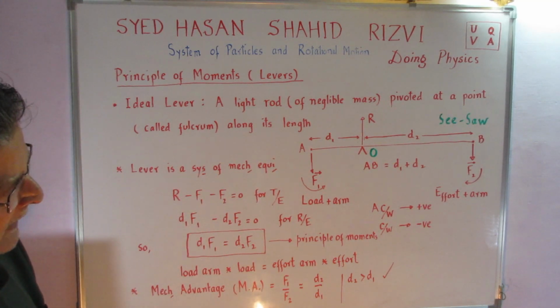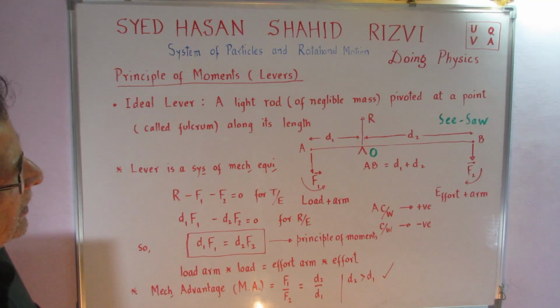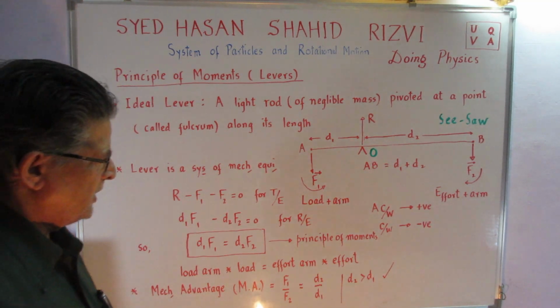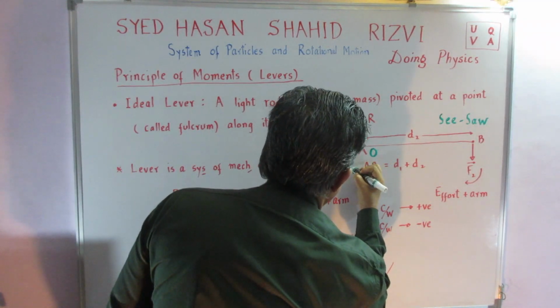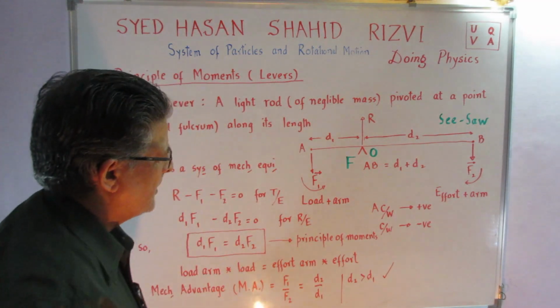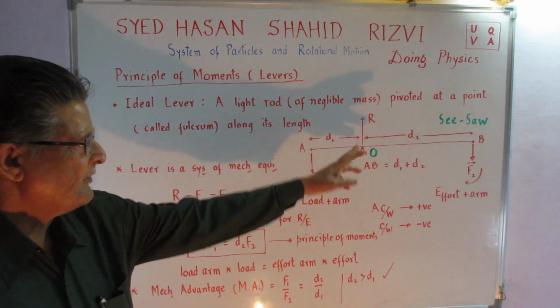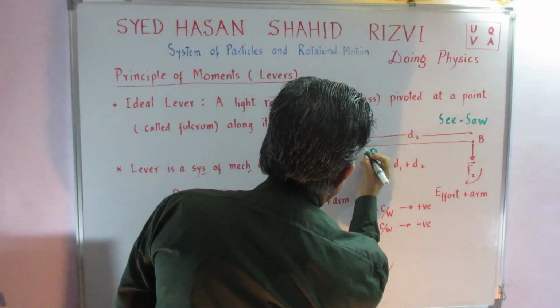So let us now look at it, and we take the fulcrum point as the origin. I can also call it fulcrum F, so F and O are the same point about which things are happening.